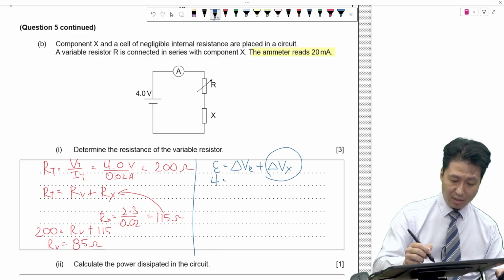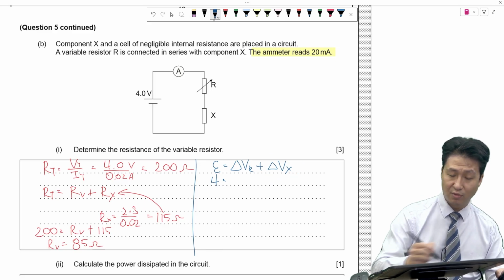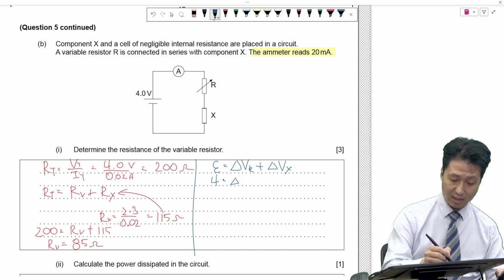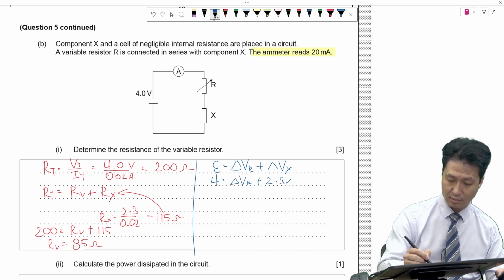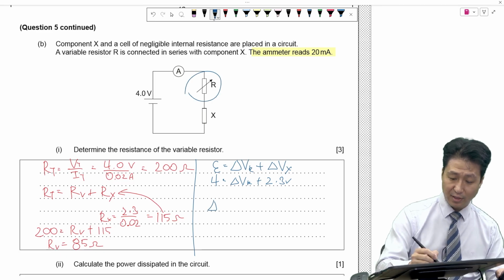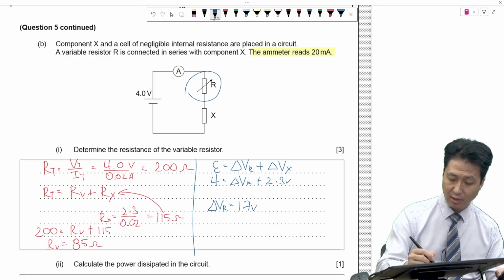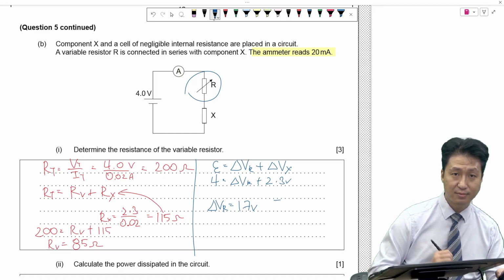Again, we would use the graph to find the voltage drop across resistor X. We already did that. It was 2.3 volts. Therefore, the voltage drop across the variable resistor would be 1.7 volts.